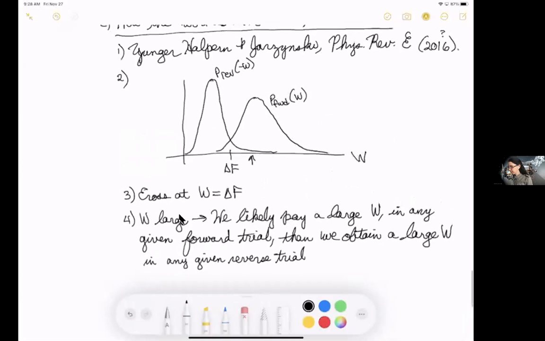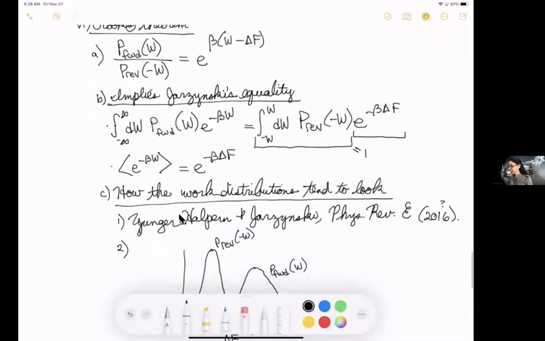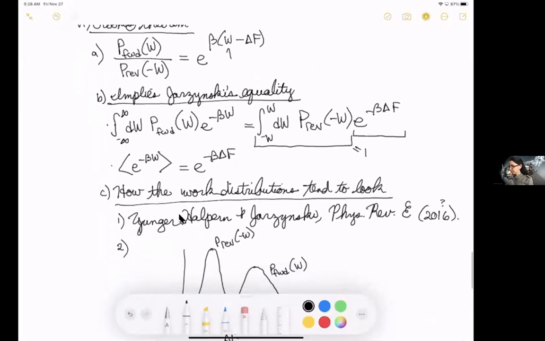We can verify that by looking back at Crooks' theorem. Suppose that the W on the right-hand side is large, which means that in the forward protocol, we will pay a large amount of work, and in the reverse protocol, we will obtain a large amount of work.